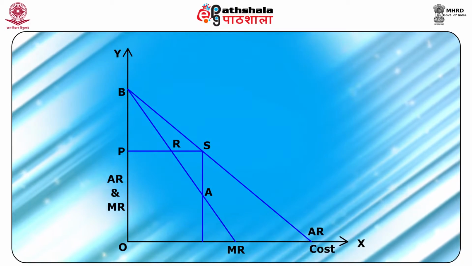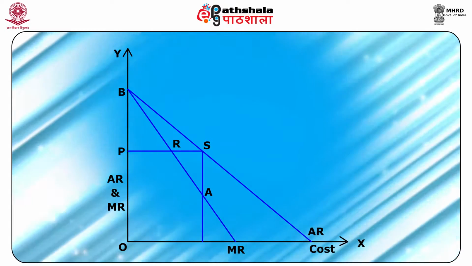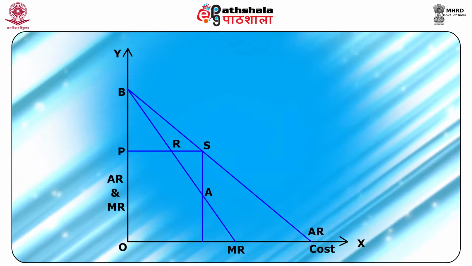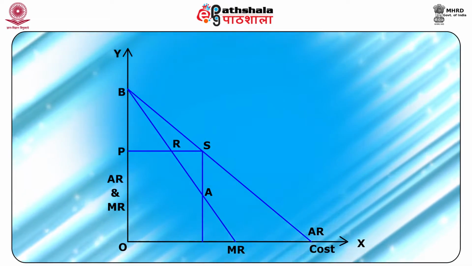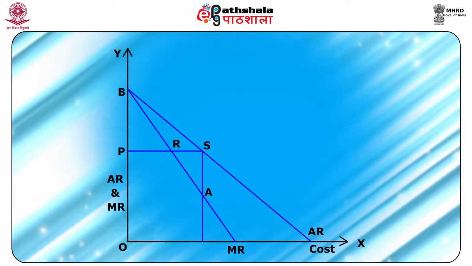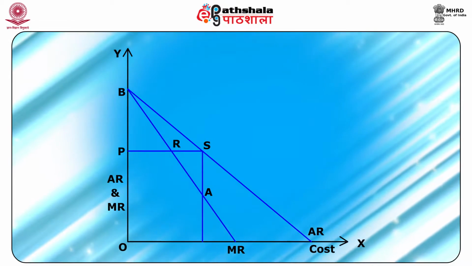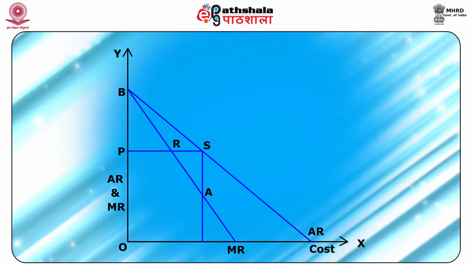Now let us consider the AR function, which starts from B and slopes downwards, and just below that you would notice the MR function, which also starts from B and slopes downwards. But you would notice that the MR function falls much steeper, much faster than the AR function.